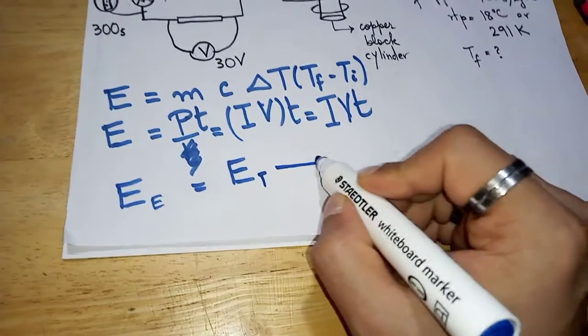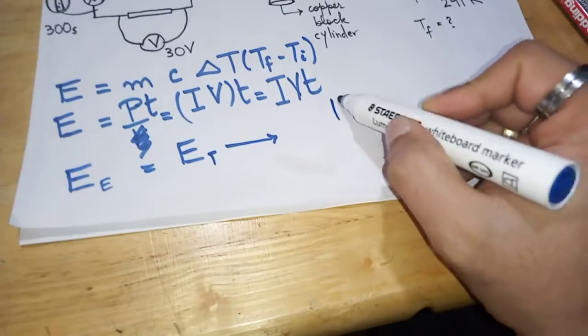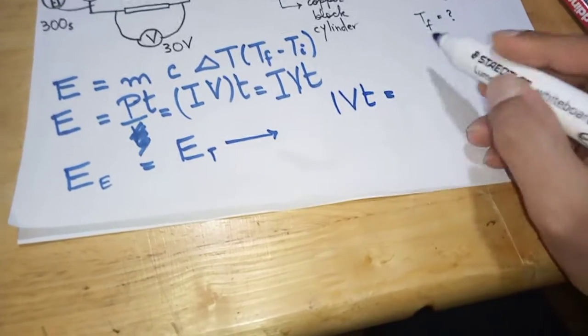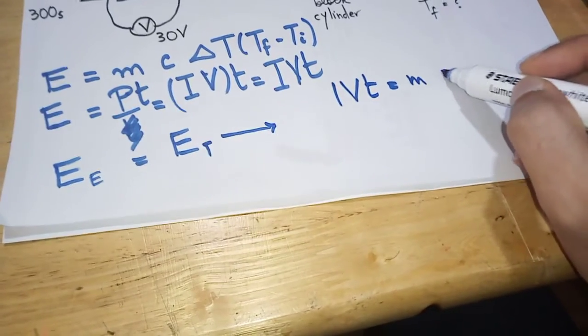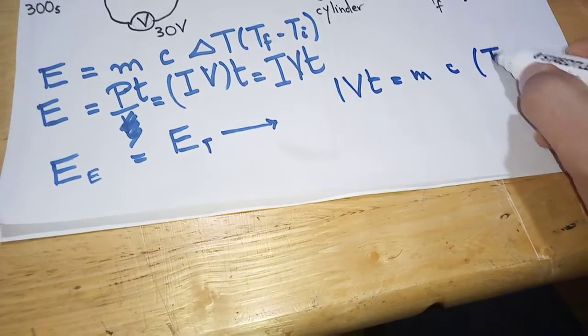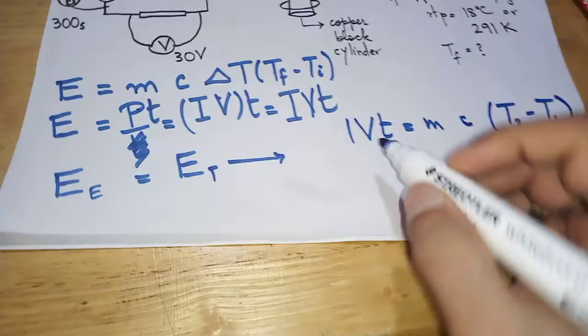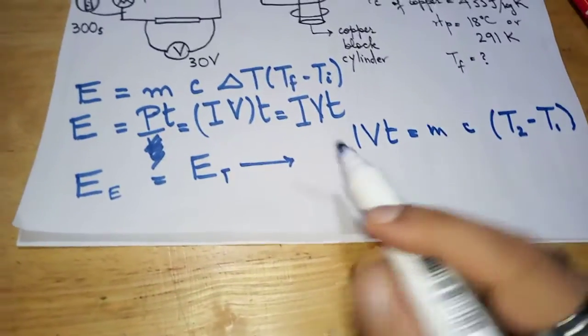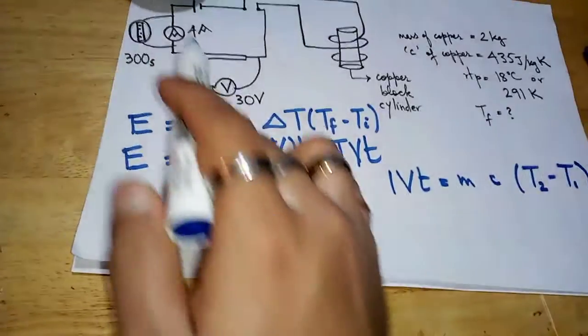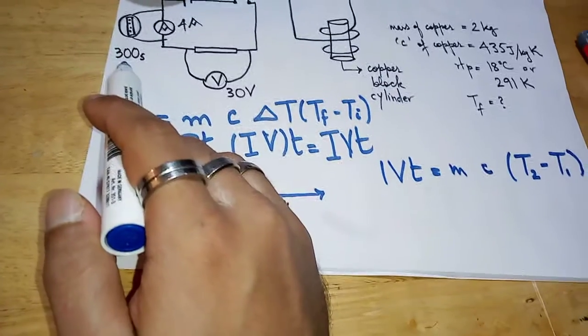So that'll be IVT equals mc (T2 minus T1). If you multiply IVT together, it'll be 30 times 4 times 300.